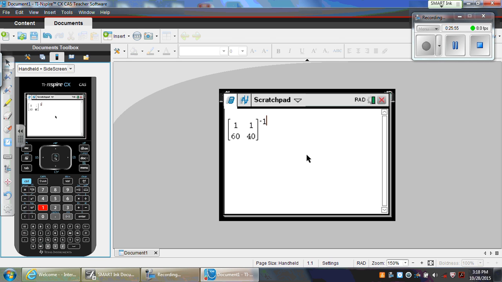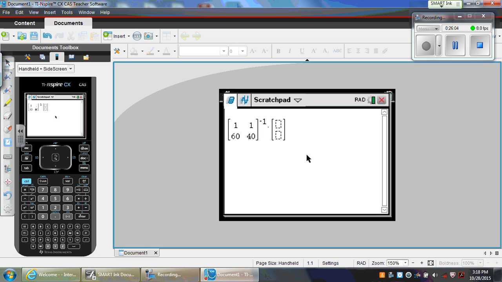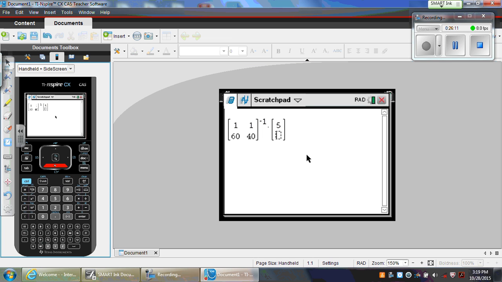Then we move to the right, then times, and now we need a 2 by 1 matrix, 2 rows, 1 column, with the constant terms. So that will be 5 and 270, yes? Am I correct? Then we press enter, and we should get 7 halves and 3 halves.